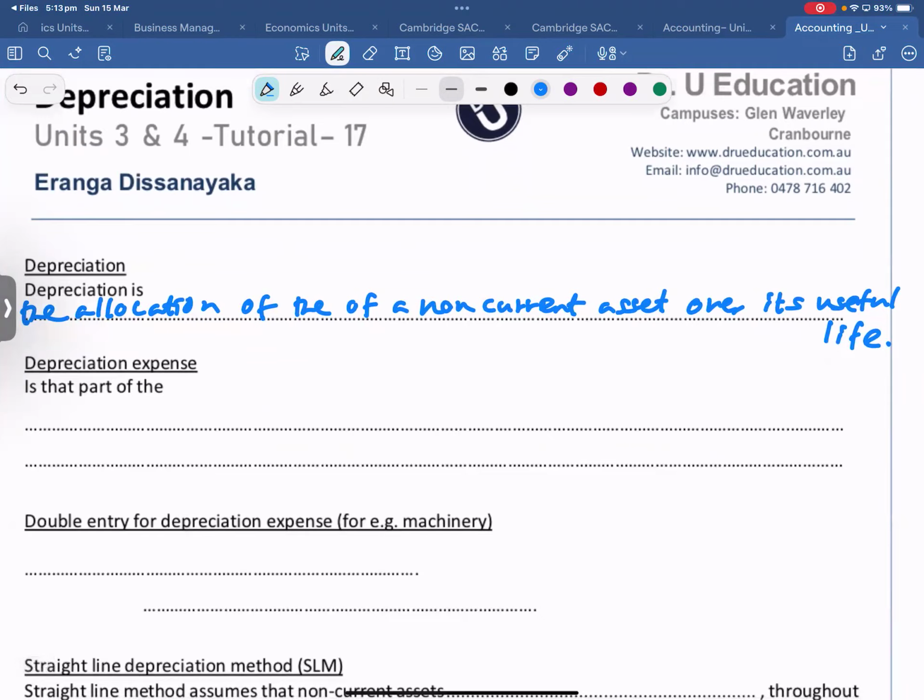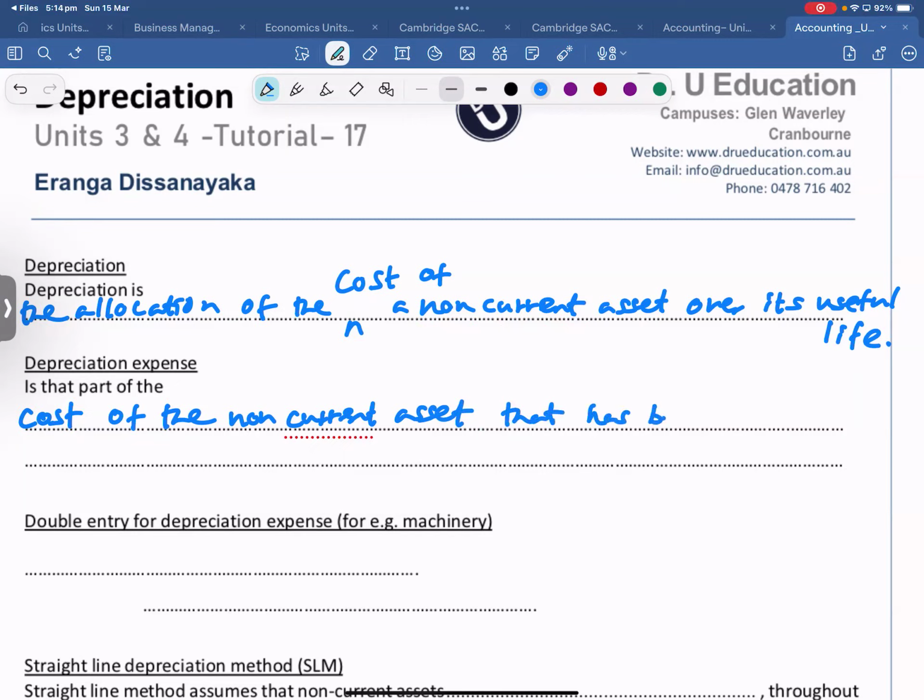Depreciation expense is that part of the cost of the non-current asset that has been incurred in the current reporting period.